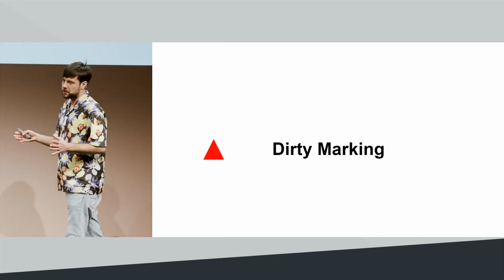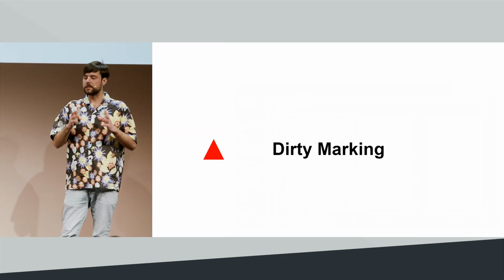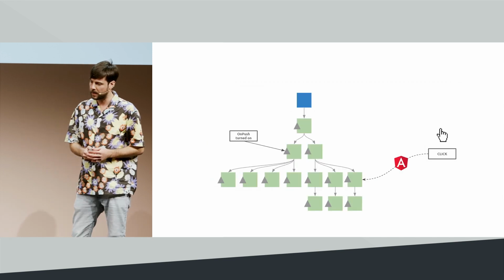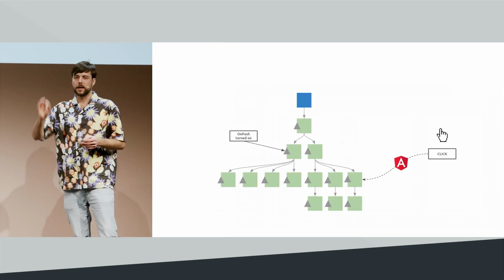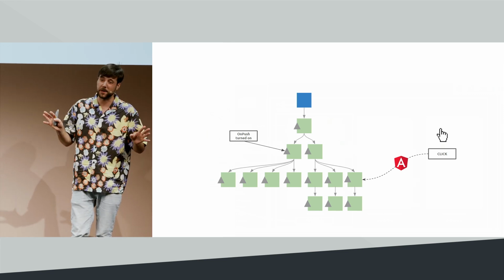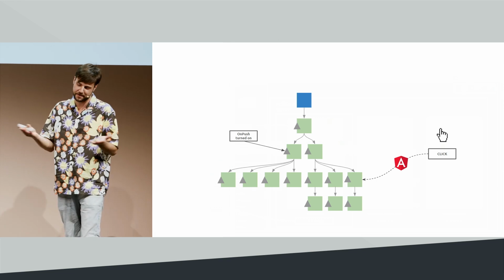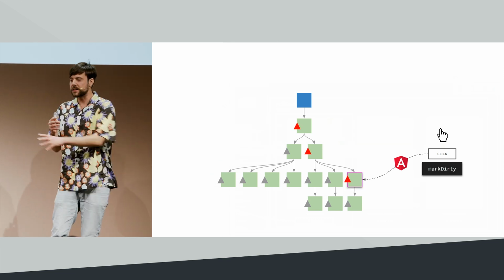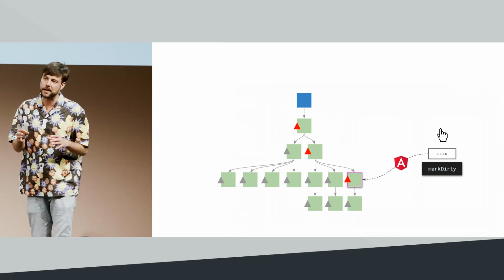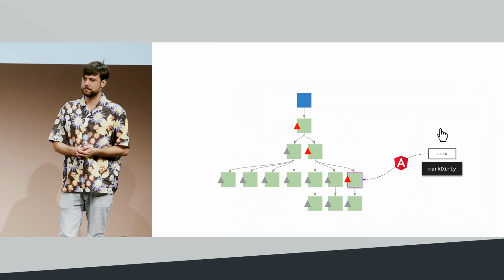Within that tree structure, we need to figure out where a change got applied and how I can update a specific part of this tree. So what Angular does when I click a button in my component, regardless, by the way, if I update anything or not, it will always happen because of Zone: Angular marks a specific part as dirty, from the very component you interacted with until the very top, the app component.